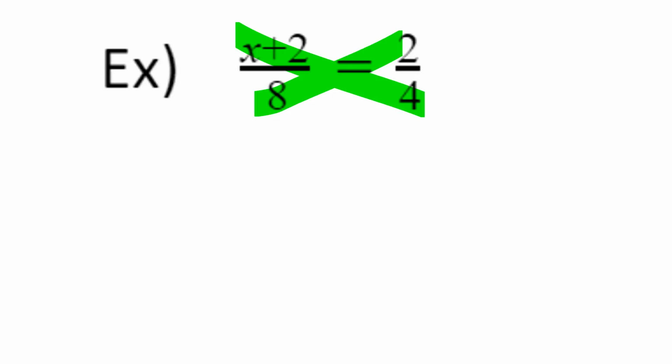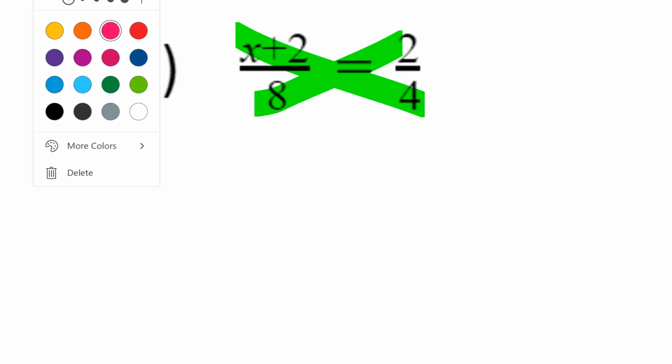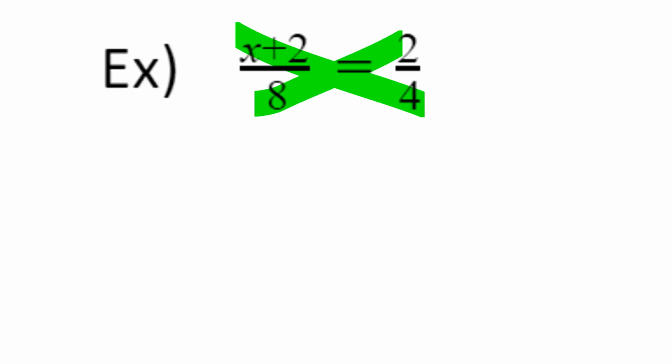Why is this different than the other problem? In the numerator on the left-hand side, we have 2 terms. How do we multiply 2 terms times a single term? We put the 2 terms in parentheses.